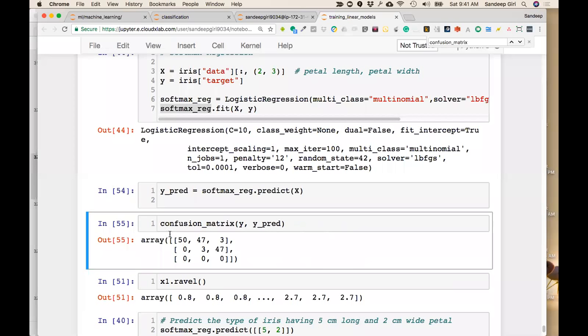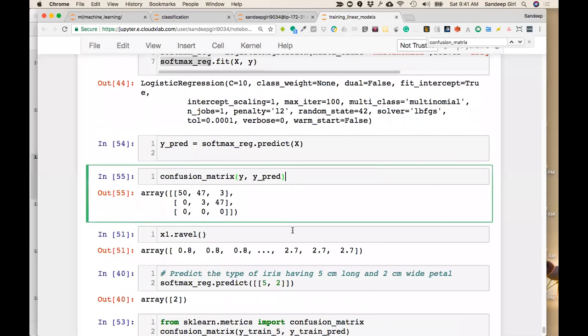On the x-axis it'll be the predicted, on the y-axis it'll be the actual. That's how it is, right? Or the other way around. Okay, I'll take a look into this. If you could just add that to the notebook, it'll be great.